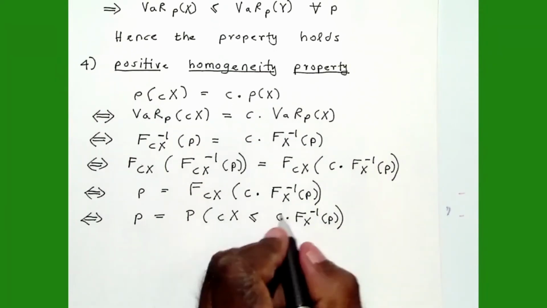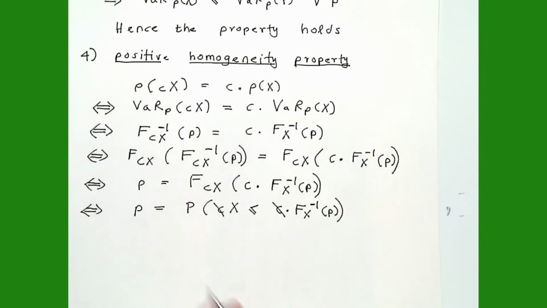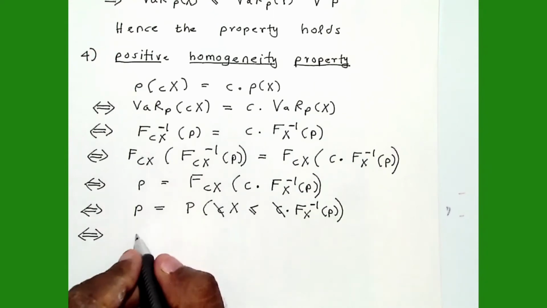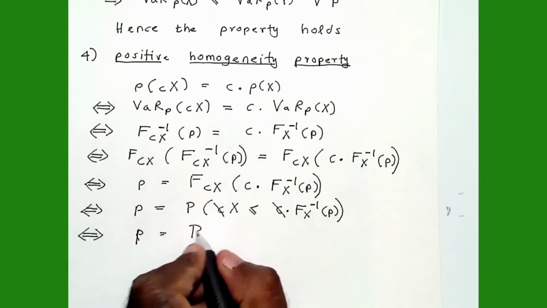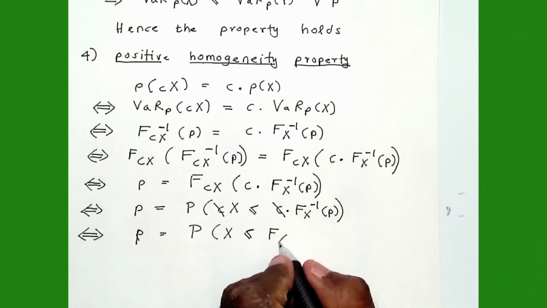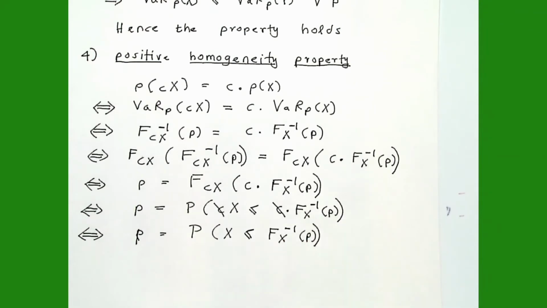And the C is a constant, so you can cancel them out, right? So this becomes P equal to the probability that X is less than or equal to this. Right?